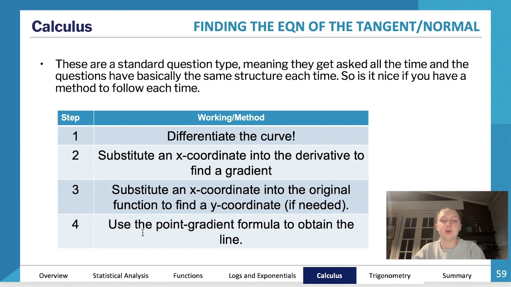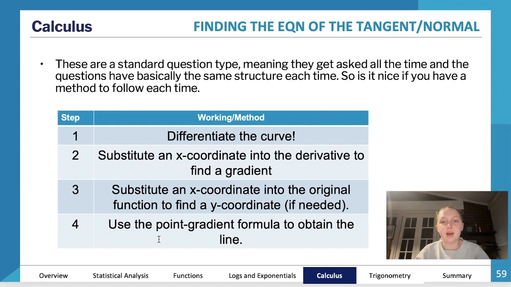And then all you need to do is use the point gradient formula to obtain the equation of the line. So if you don't know what the point gradient formula is, it's y minus y1 equals m in brackets, x minus x1, close the bracket.